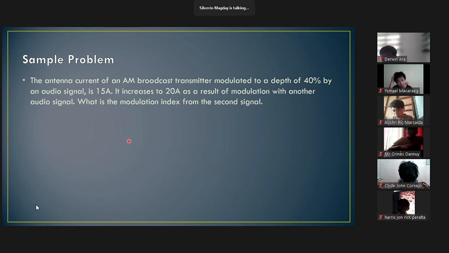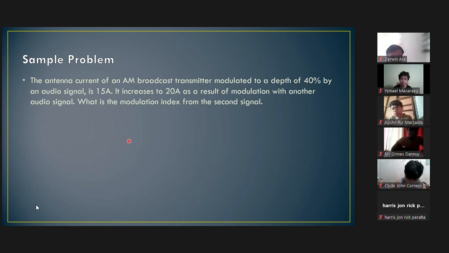What is the modulation index of the second signal? 20 over 15, 1 plus m squared over 2.